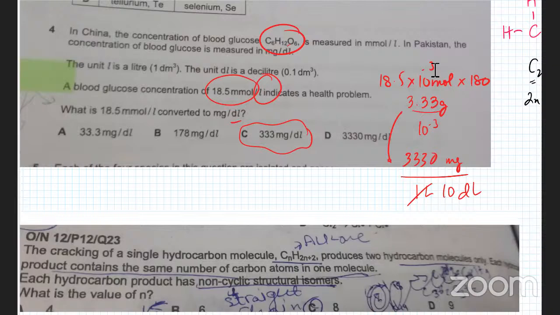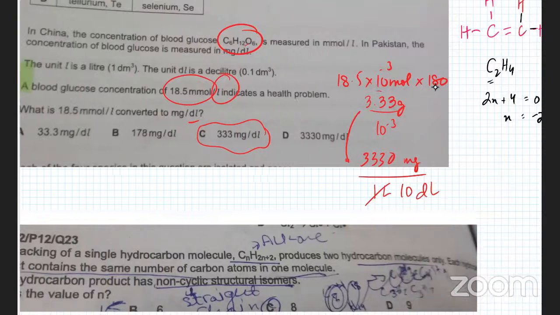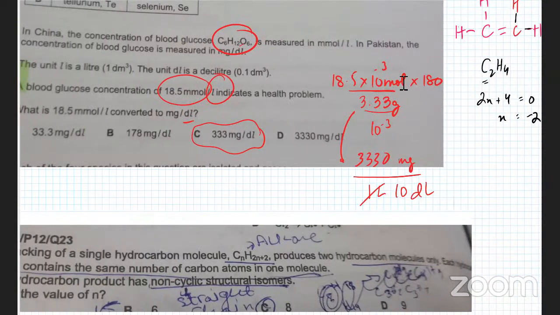Let me explain the whole thing. It's 18.5 millimoles per liter, right? So 18.5 millimoles. That's 18.5 times 10 to the power minus 3, because milli is 10 power minus 3. So it's 18.5 times 10 power minus 3 moles. Multiplied by 180, which is the MR, you get the mass, which is 3.33 grams. Now I figured out the grams, but they were asking for the answer in milligrams.